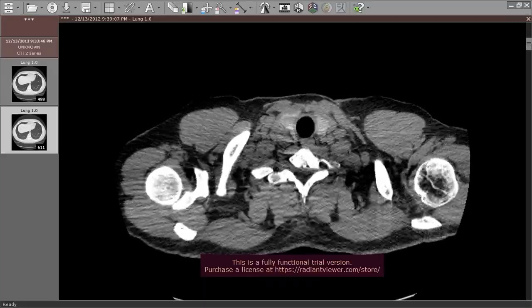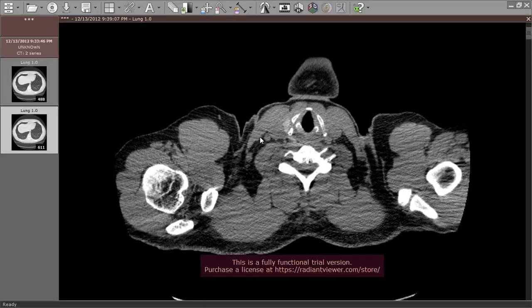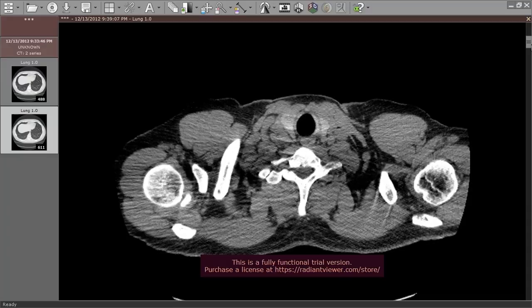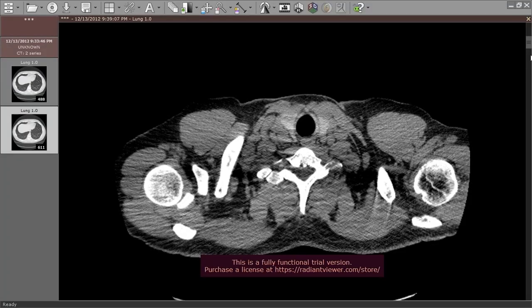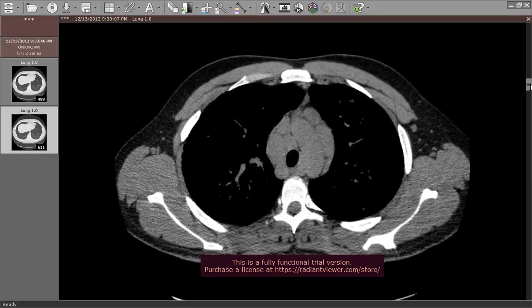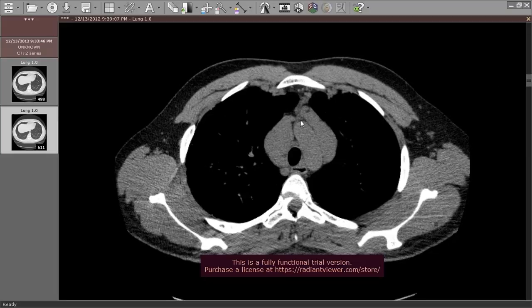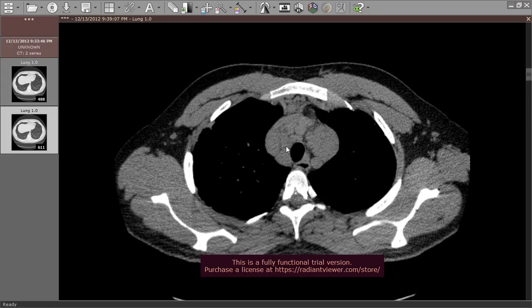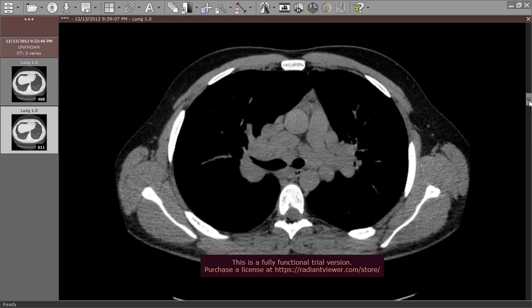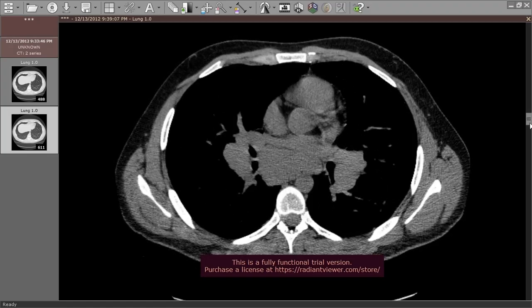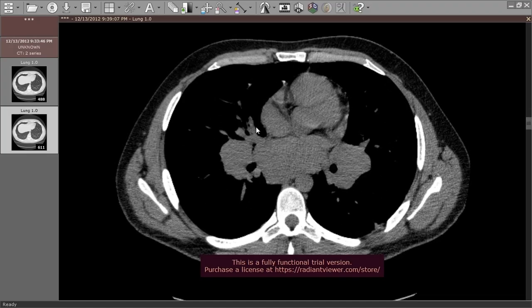You can see, starting from the lower cervical region, passing by the supraclavicular region, prevascular region, this is the arch of the aorta, aortopulmonary region, pretracheal region, and lastly we have large subcarinal lymphadenopathy, also bilateral hilar lymphadenopathy.